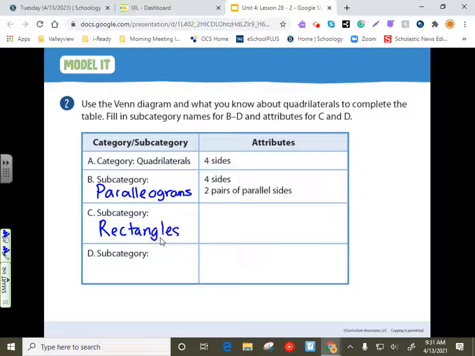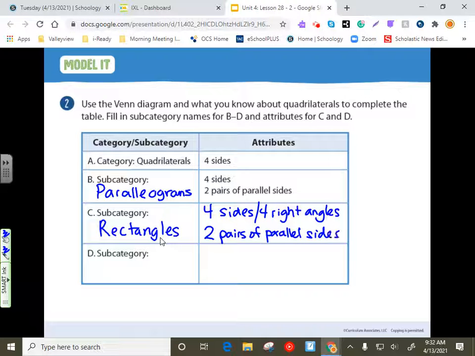And we know the attributes or details of that are four sides and four right angles, and it has two pairs of parallel sides.